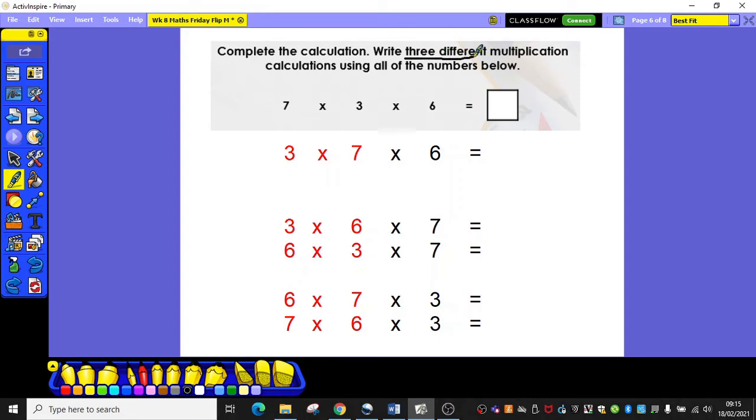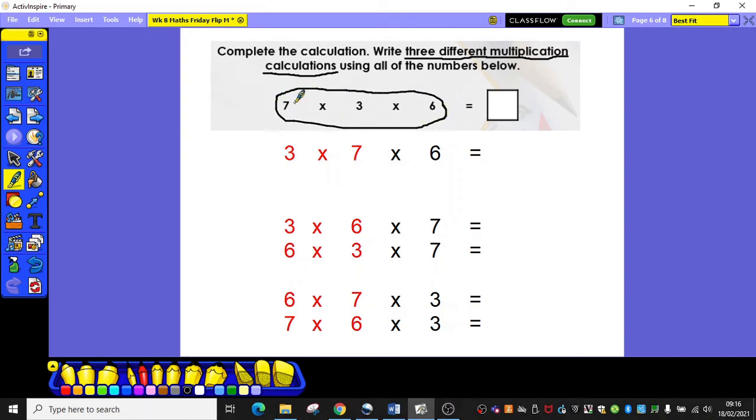Okay, so 3 different multiplication calculations. Now you'll probably see that along with this one here, I've written effectively 6. I'm going to talk about why in a second. So I had to write 3 different multiplication calculations. Well, this one would count as 1.